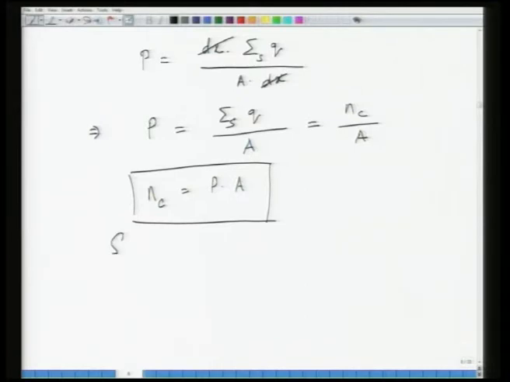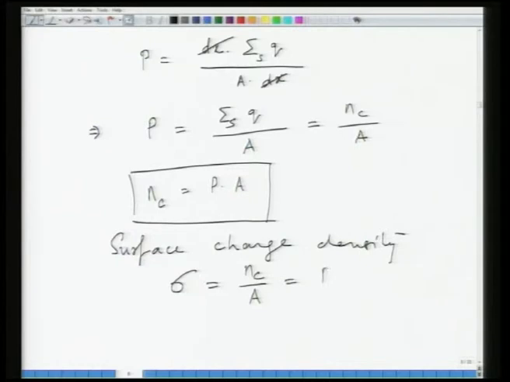So, the surface charge density sigma will be equal to Nc by A, which is nothing but P. Now you understand the meaning of the unit of polarization. When we said polarization is coulomb per meter square, it is nothing but your surface charge density.